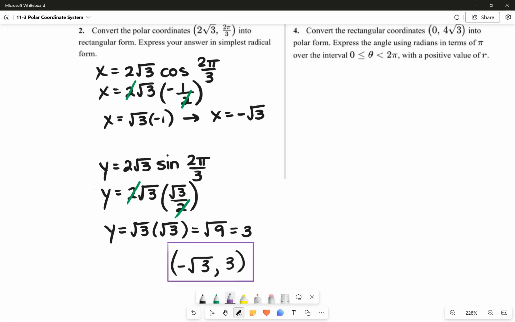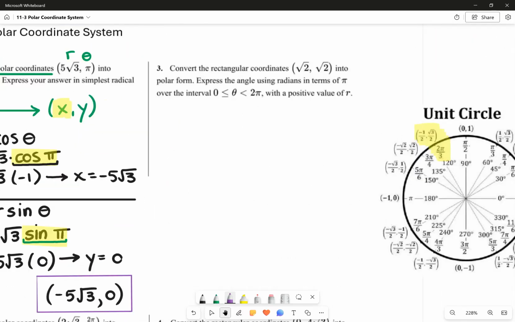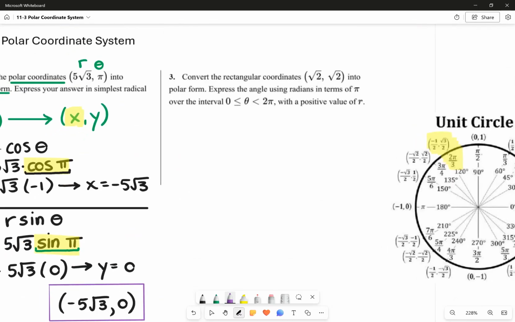All right. So how about the reverse? If we were to do the reverse, what we're having to do is go from x comma y, and we are going to convert to r comma theta. So we're going to do the complete opposite.